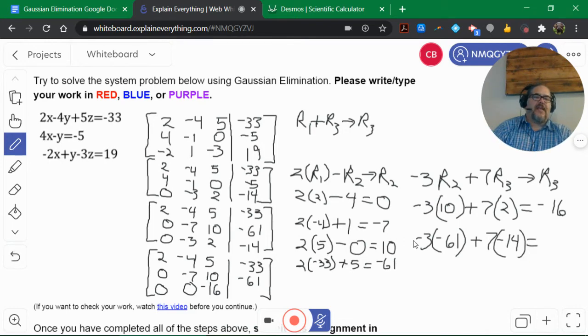Okay, so negative 3 times negative 61 is positive 183. 7 times negative 14 is going to be 98, so it's going to be minus 98. And so in this case, we end up with a value of positive 85. Okay, so that's going to give us a positive 85.